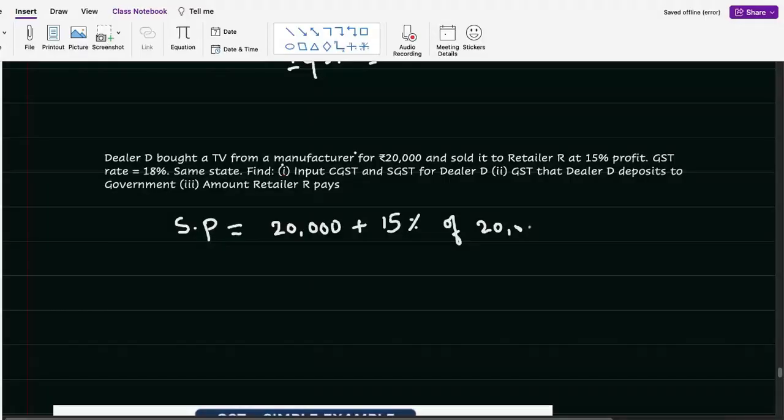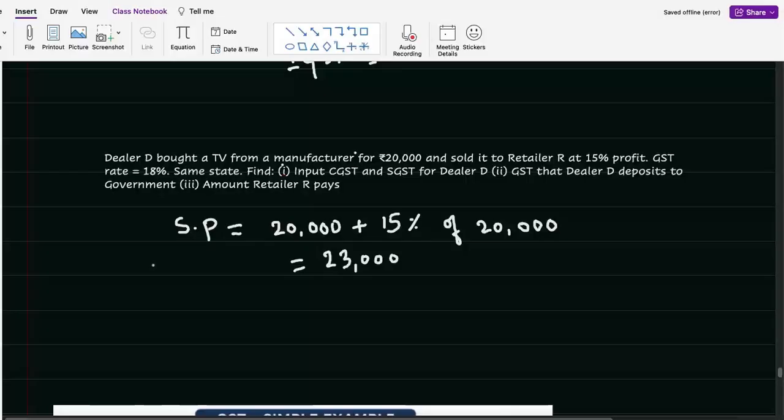So how much will it be? 23,000. Total is 20 plus 3, that is 23,000. You will know how I got 23,000, because 15% of 20,000 is 15 into 2 is 3, so 3,000. So the total selling price is 23,000. Got it? So now GST rate is how much? You know that GST rate is 18%.